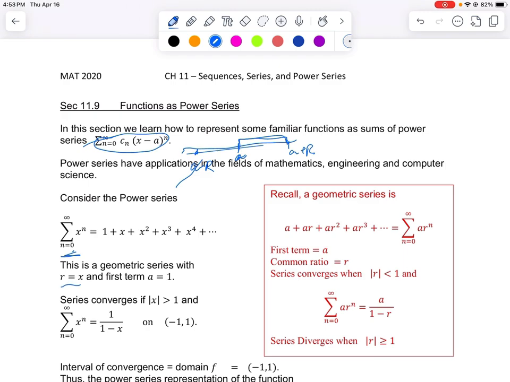If you have forgotten what the geometric series is, over here I have put that together. A geometric series looks like a plus ar plus ar squared plus ar cubed plus dot dot dot. Every next term is obtained by multiplying the previous term by r. r is called the common ratio, and the first term in this case is a, and it can be written in a closed form as the summation of a r raised to the power n.